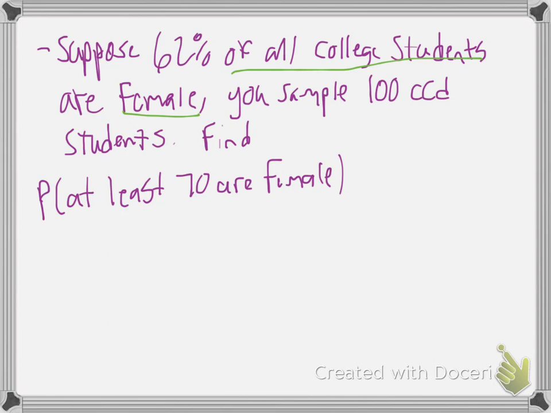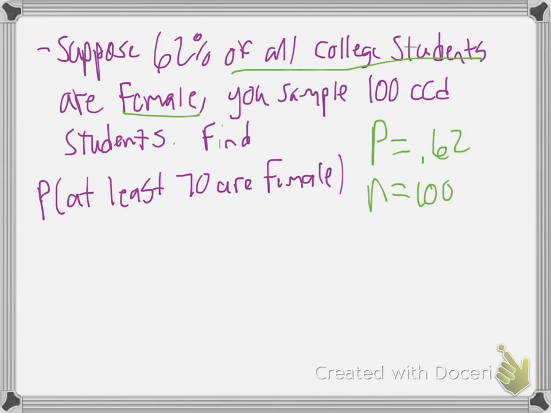So since 62% of all college students are female, that's the population proportion, p is 0.62. That's not from the sample, that's the population proportion. Somebody told it to you, and we're going to accept that. Then we also know that n is 100. So we're sampling 100 CCD students, and we want to find the probability that at least 70 are female.